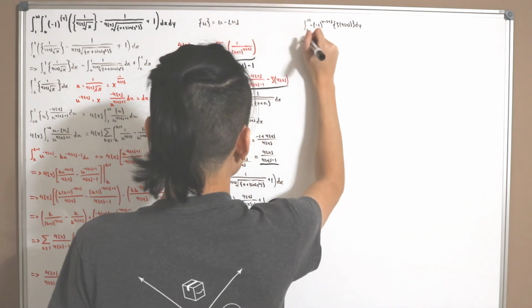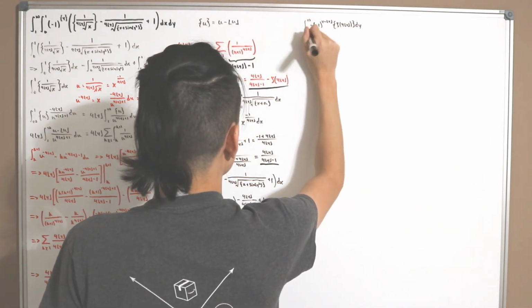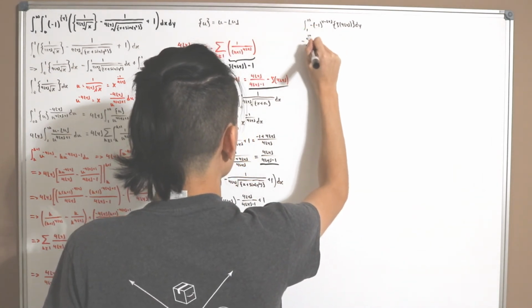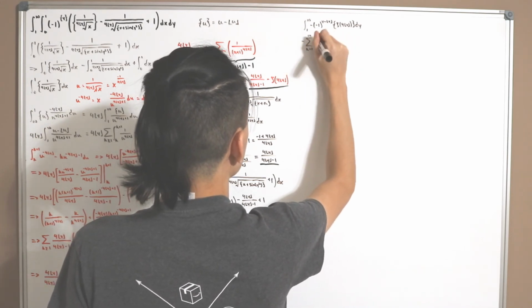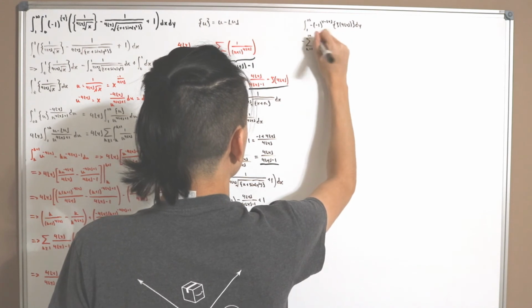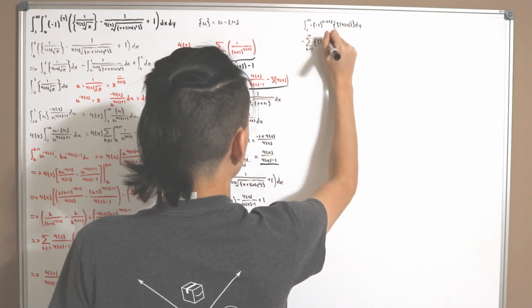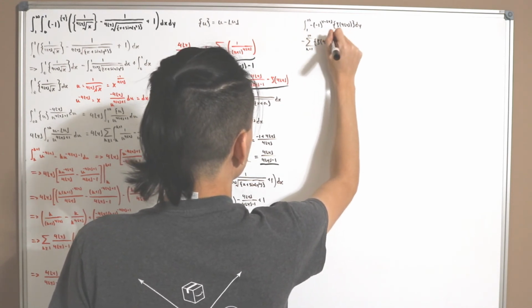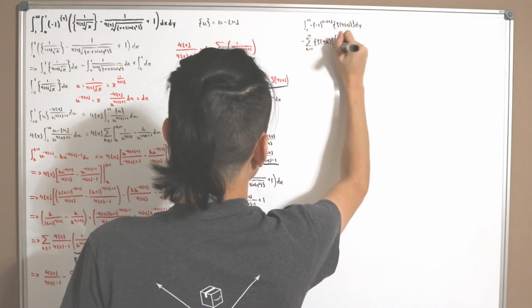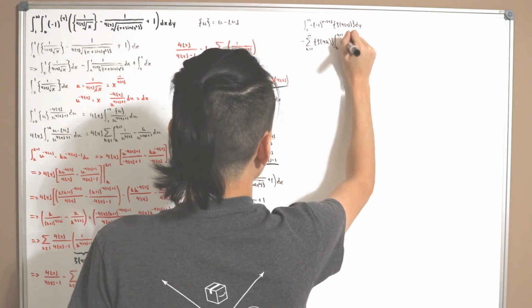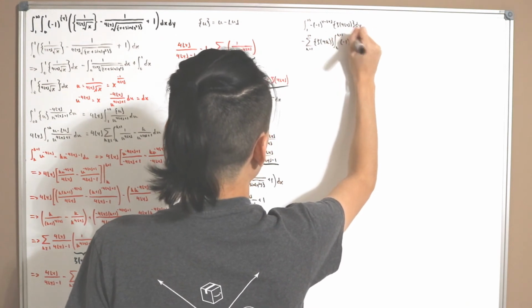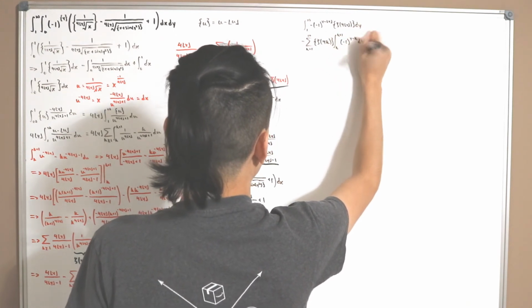So this is rewritten as the sum from k equals 1 to infinity of the fractional part of Riemann-zeta of 4k, and then we have our integral from k to k plus 1 of (-1) to the power of y minus k, dy.